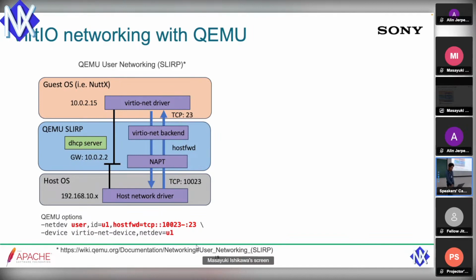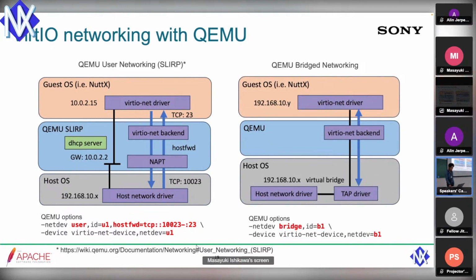Another networking mode for QEMU is bridge networking. In this mode, we use a tap driver on the host OS to make a virtual bridge between the host driver and the VirtIO net driver on NuttX.